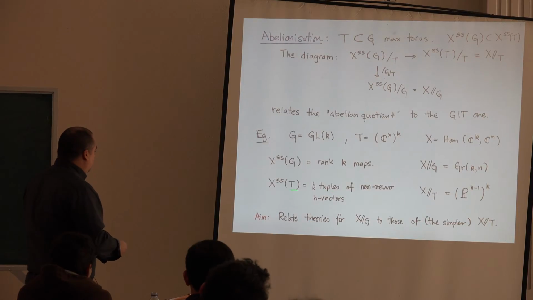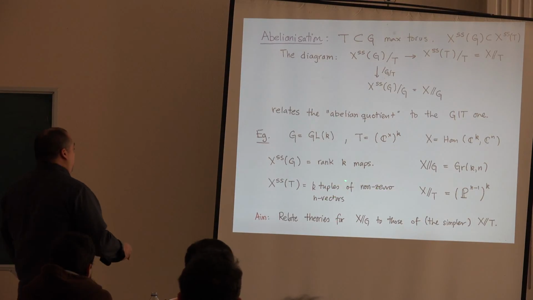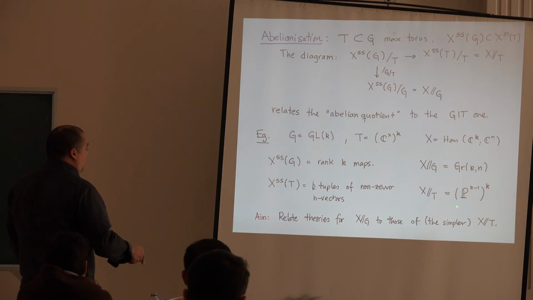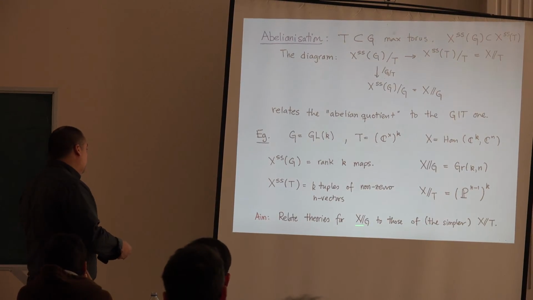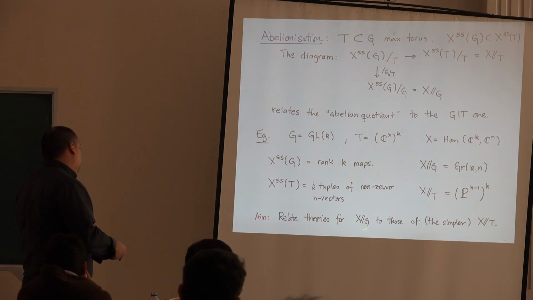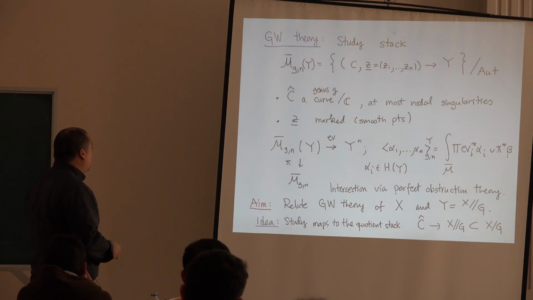The semi-stable locus with respect to the maximal torus, in this case I'm just going to take the diagonals, is going to be k-tuples of non-zero vectors of size n, and so the quotients, on one side you have the Grassmannian, and the other one you have products of projective spaces. And so, as I was saying, the idea is to relate the difficult quotient in terms of the simple one.